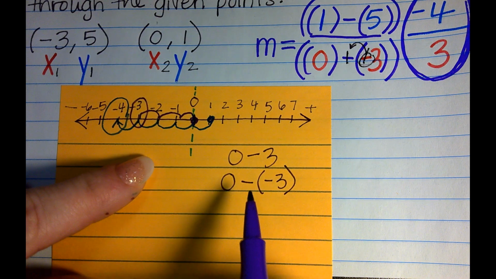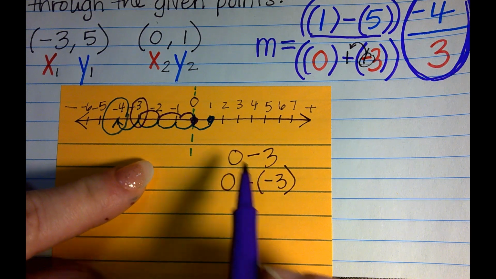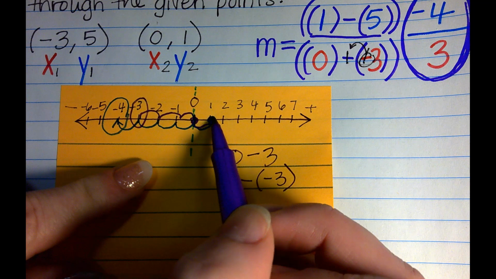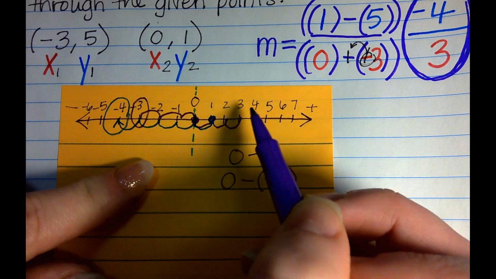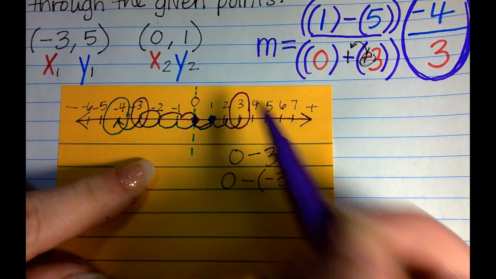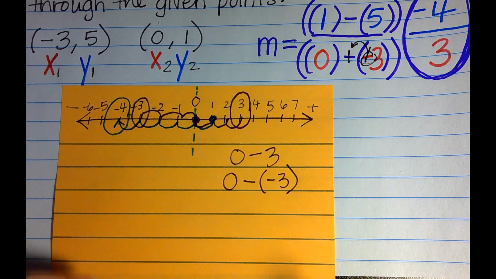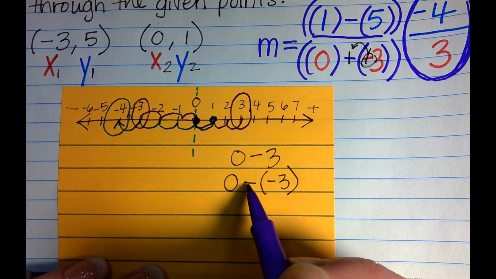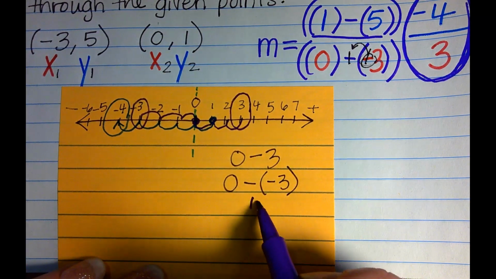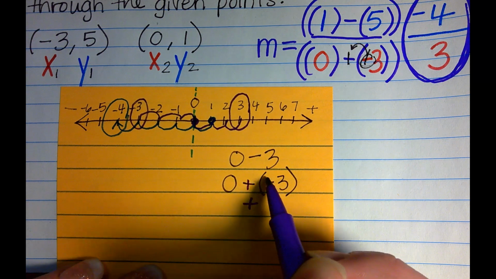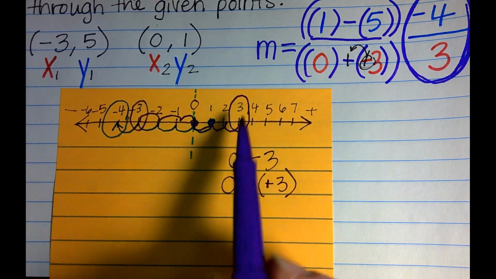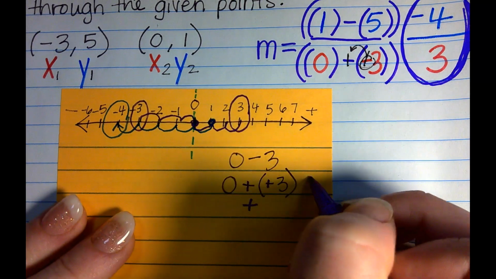If I have minus -3, I go to the right. 1, 2, 3. I end up with +3. This is a rule of math. It doesn't feel comfortable, but it is the way that things are in math. We have two minuses here, and it's like they turn into a plus. We get positive 3.